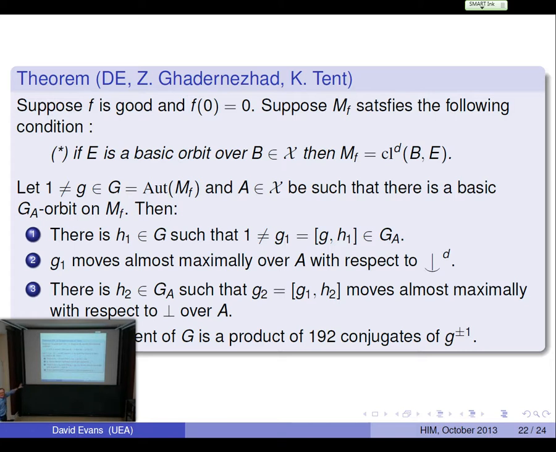Then you apply Theorem A. You do the arithmetic, you get 192 conjugates. And you also use Laskar's trick about writing the automorphism group as a product of three conjugates of the pointwise stabilizer of A. And it comes out to 192, isn't that nice?